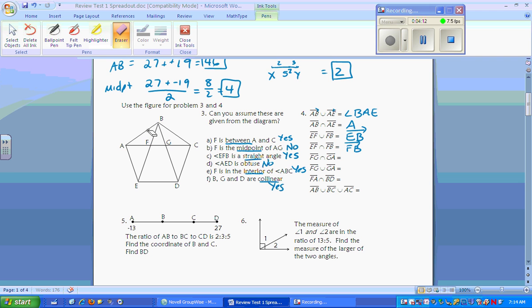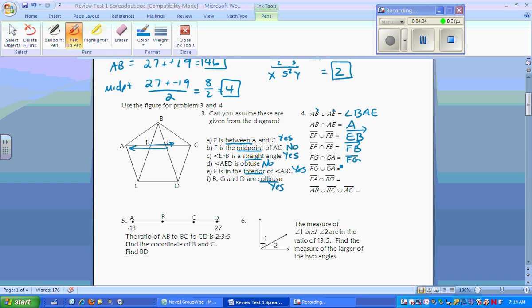All right, moving on. FG, so we got ray F to G, and we got ray G to A. Well, if you want to know where they're intersecting, only from F to G, so that's segment FG.